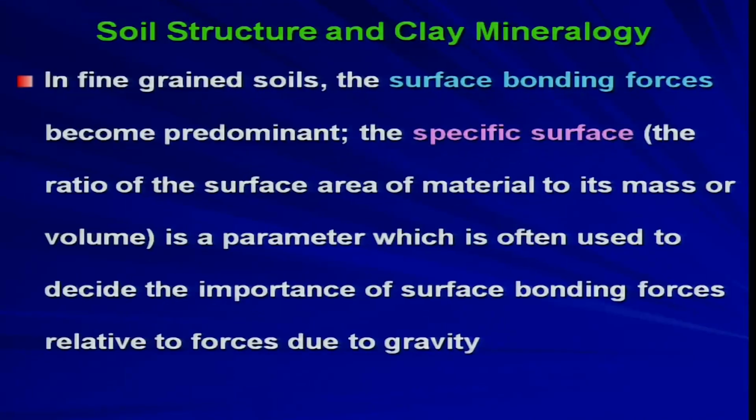But in fine grain soils, the surface bonding forces become predominant, because the grains have surface area like a plate or platelet. The specific surface, which is the ratio of the surface area of a material to its mass or volume, is a parameter often used to decide the importance of surface bonding forces relative to forces due to gravity.